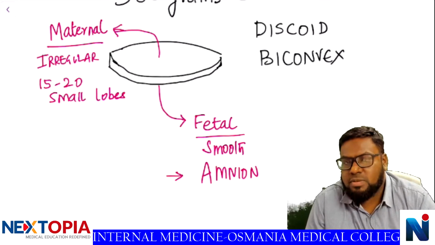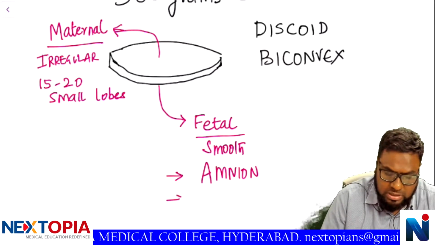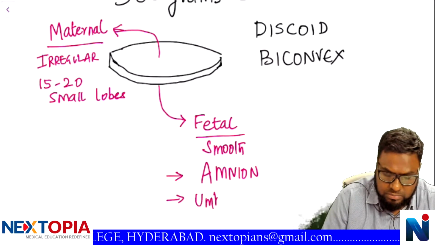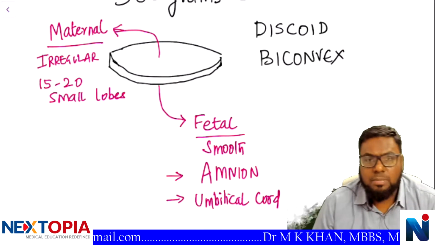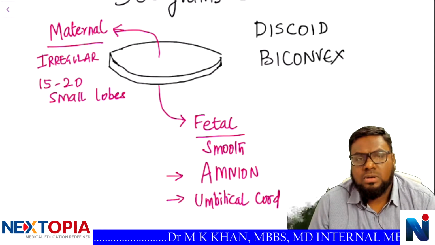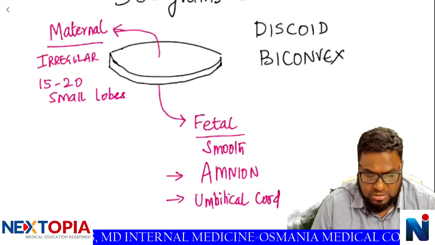The fetal surface of the placenta gives rise to the attachment of the umbilical cord, and the umbilical cord is attached to the center of this fetal surface.